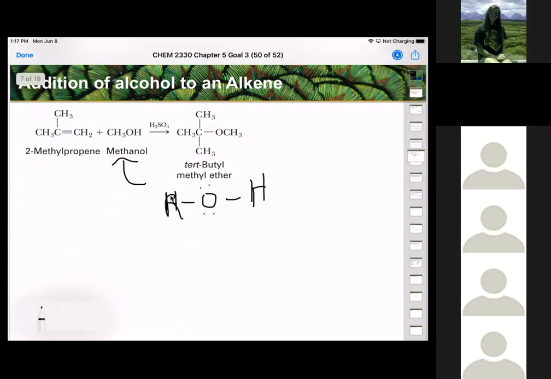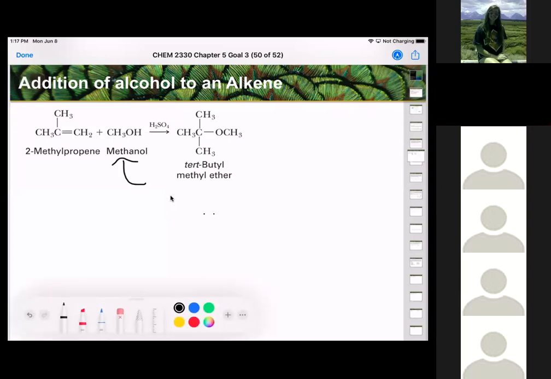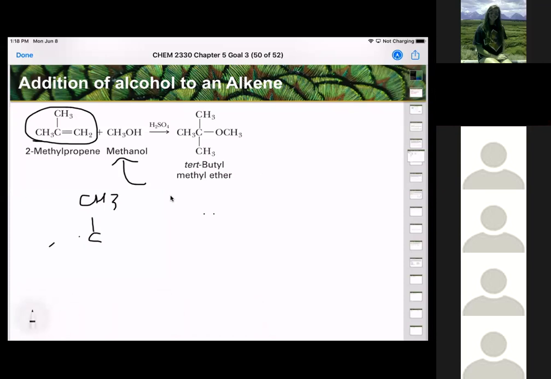Again, what we're doing here is we are going to do the exact same thing as we do in the acid catalyzed addition of water here. We're going to end up protonating the alkene here to give us our carbocation. And when we do that, we have CH3, CH3.